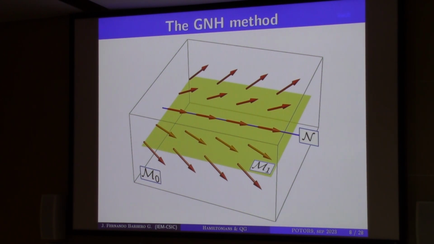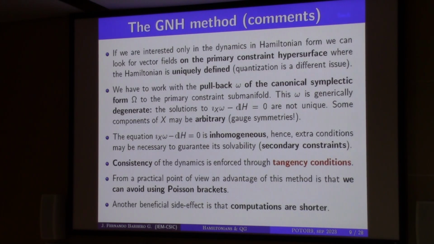And then what happens is that even though all these vectors are tangent to M0, they are not tangent to M1 everywhere. So I have to look for another submanifold, this time of M1, which I am representing in this way, that satisfies the condition that the solution that I found is actually tangent to that submanifold. If I can prove that this is the largest submanifold in some sense, that is what I need in order to describe the dynamics of the system.